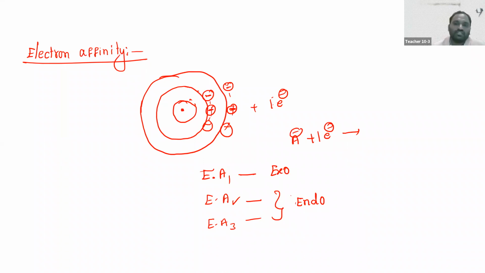Sandra, nothing is there. In the first case, repulsions are more. During that time, the atom loses some energy, so that is exothermic. EA2 means addition of a second electron. Already you added one electron, so a negative ion is formed. Now the atom is in a negative atmosphere. Again you are adding one more electron. That time the atom will not accept the electron.